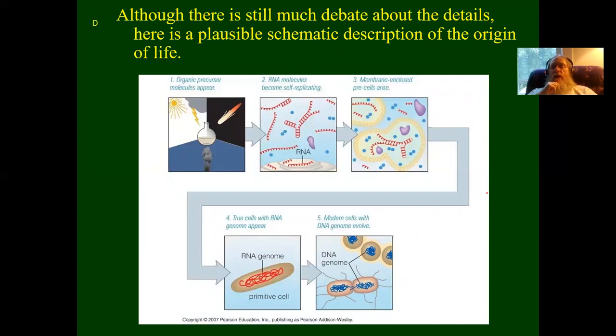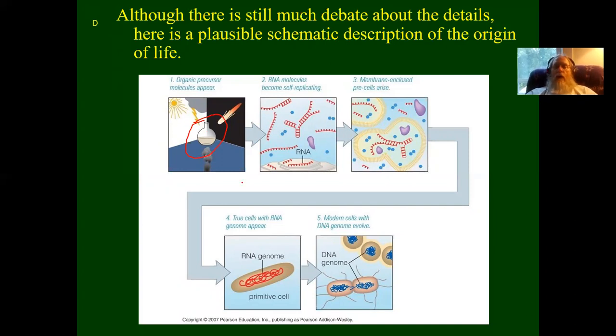And anyway, there's a lot of debate about the details, but here's a plausible description of the important steps involved. We start off with the simple organics, then make the slightly more complicated ones to serve as building blocks for the bigger ones, indicated here. Presumably there was not an actual chemical flask sitting on the Earth 4.5 billion years ago. That's there just to represent the experiments we do to try and reproduce these conditions.